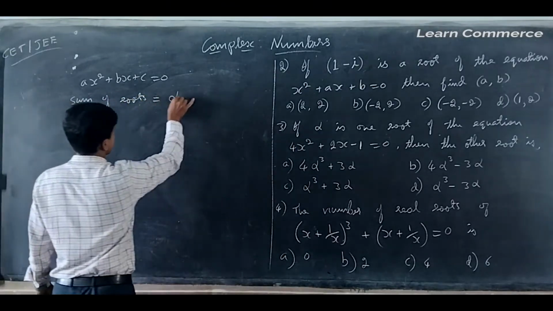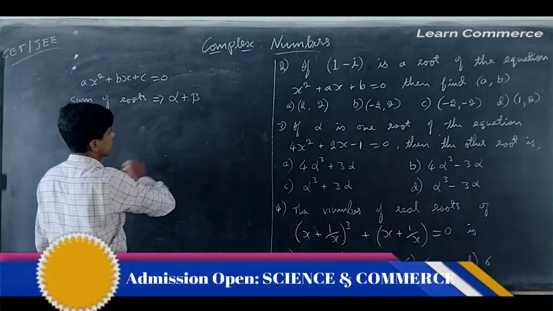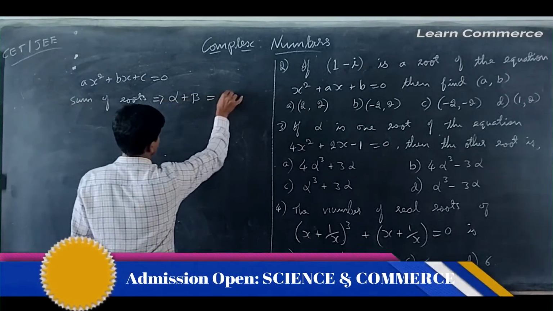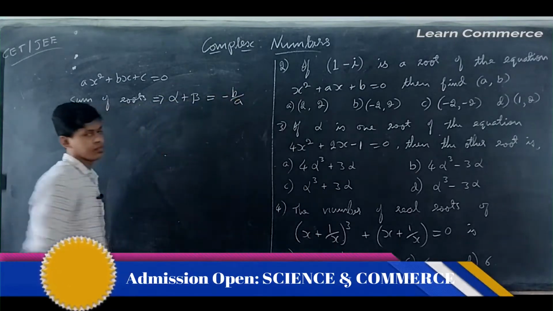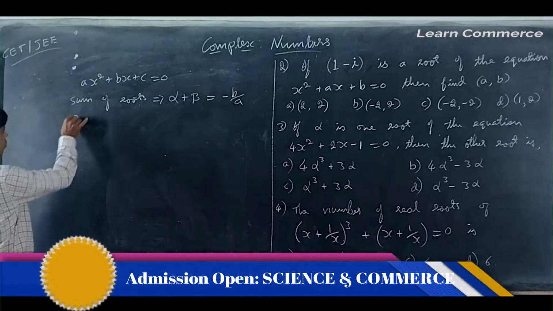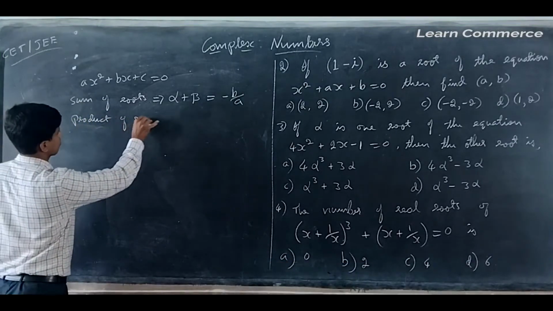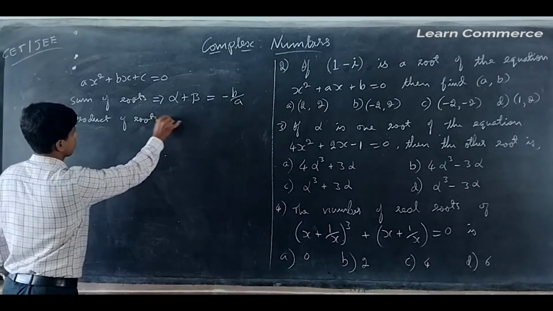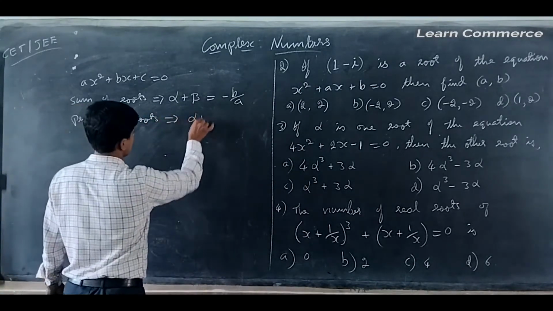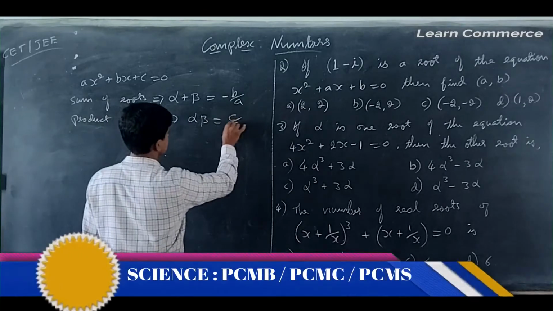Sum of the roots you can write alpha plus beta, and that's equal to minus b by a, right? And the product of roots, that is alpha into beta, that is c by a.